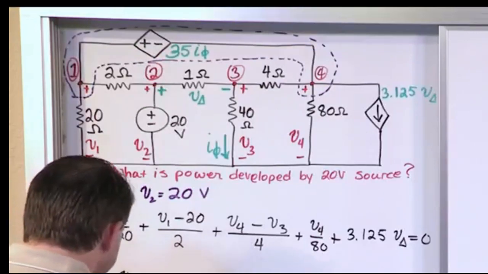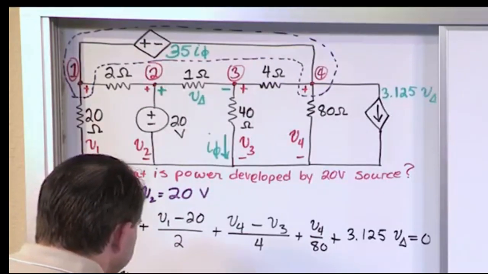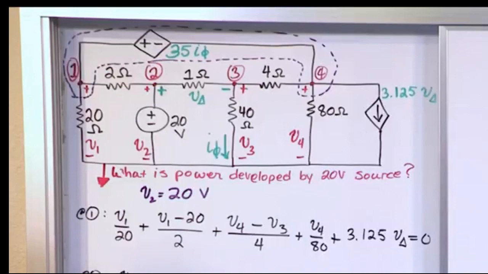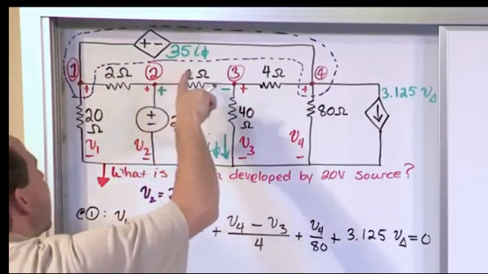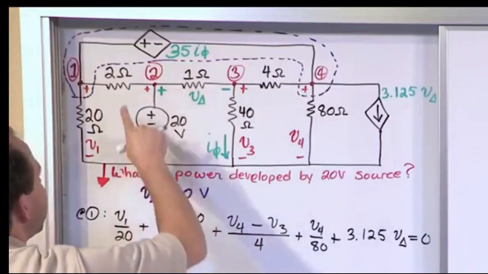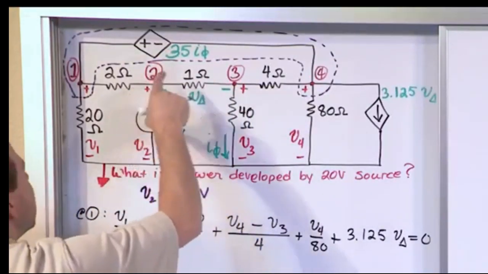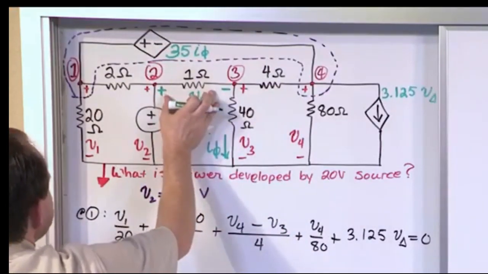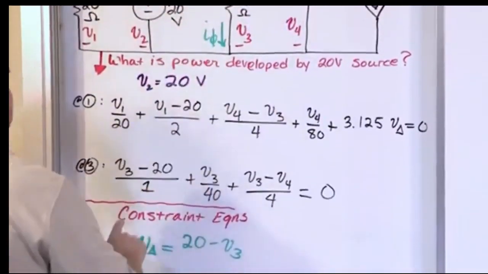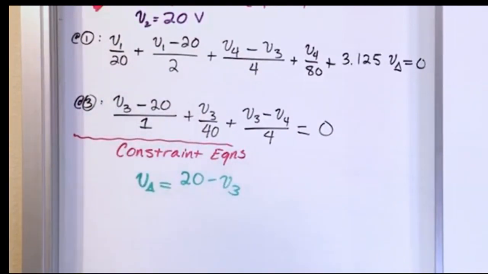So it's going to be 20 minus V3. Okay, there's a constraint equation. This voltage as defined has got to be equal to this one minus this one. We do that every time we write a node leg, it would be this minus this over 1. Well, V delta is defined to be the voltage through here, so it's got to be this minus this. There's a constraint equation.